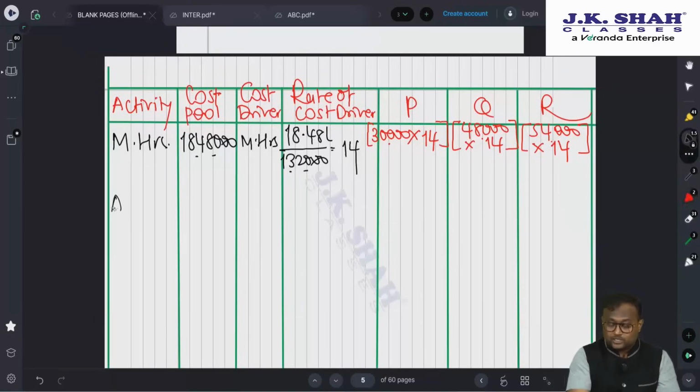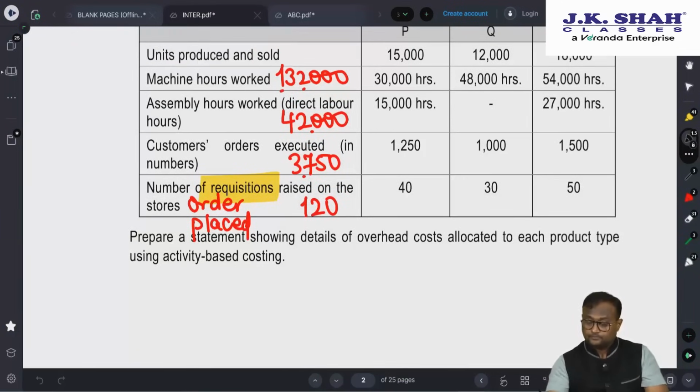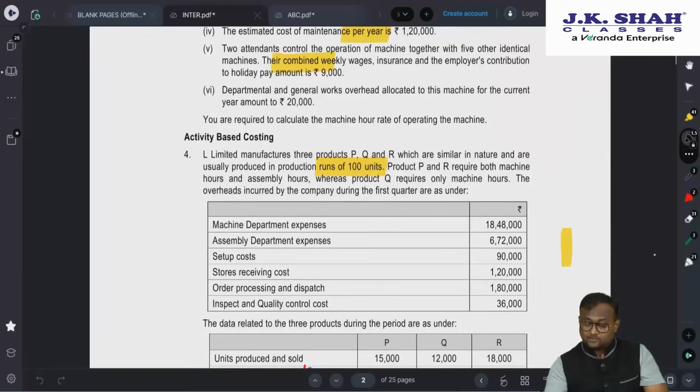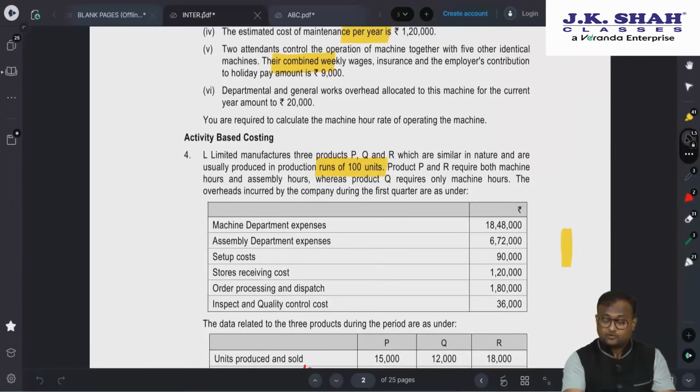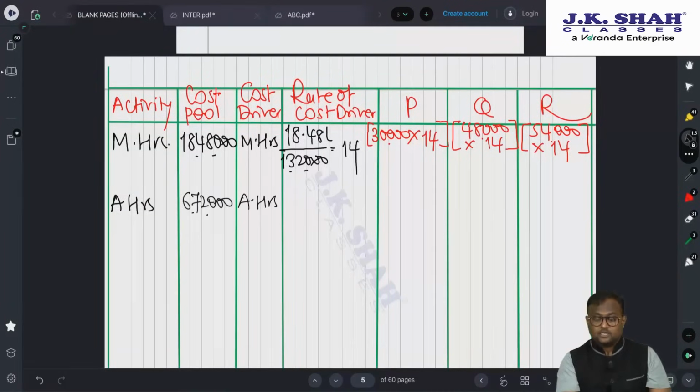Your next cost structure is assembly hours. The assembly cost is 6,72,000, and assembly hours will be taken as the base.